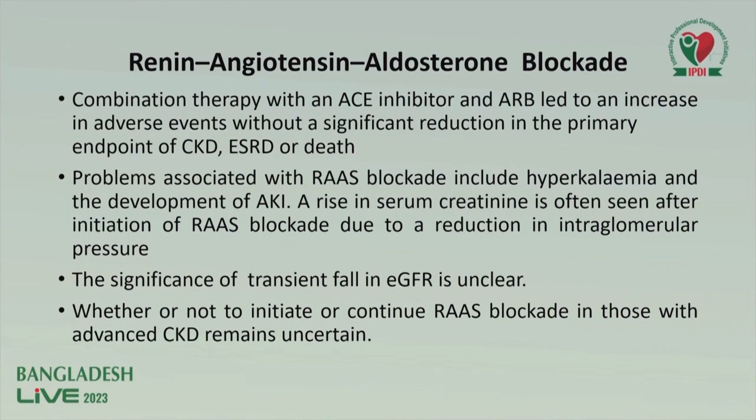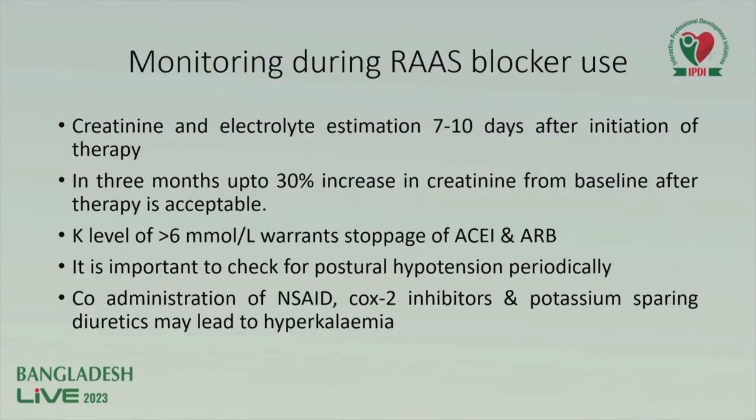There is some transient fall of GFR after initiation of ACE inhibitor or ARB, up to 30% rise in creatinine in 3 months. It is accepted, but we should be monitoring the patients frequently, like creatinine and electrolyte estimation 7 to 10 days after initiation.